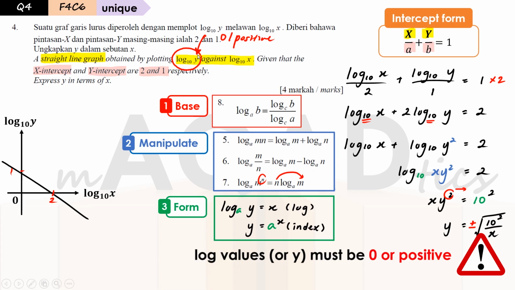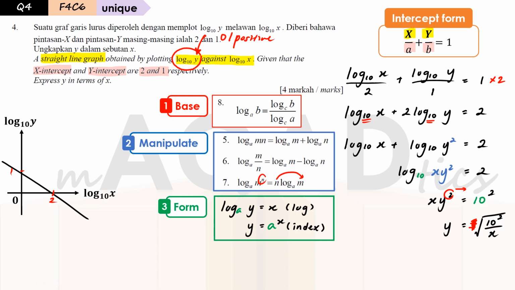So meaning this y, if it's negative, then it is undefined. You can try it out by typing in your calculator. If you type, let's say, log, and then you put a negative number, let's say -1, you will receive an error. Okay, so for the values which are in log, it must be 0 or positive. That's why here we ignored the negative version. That's why here we just remain the positive version of it. Alright, so this is why it's only one type of answer.